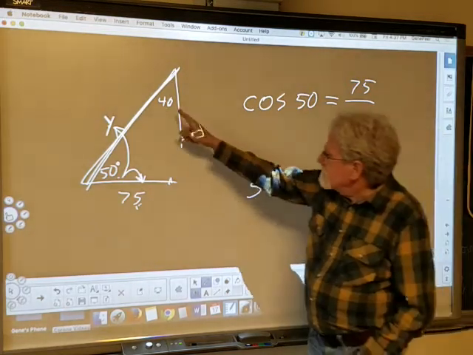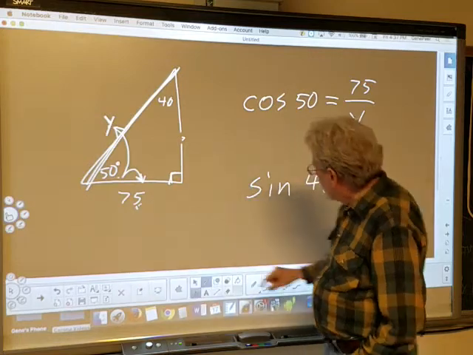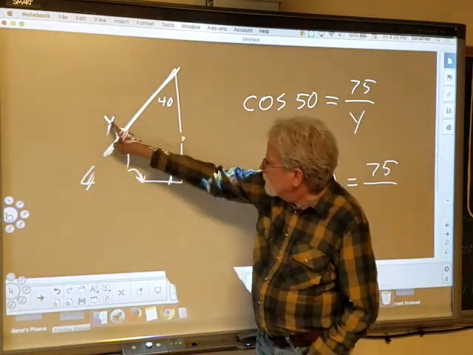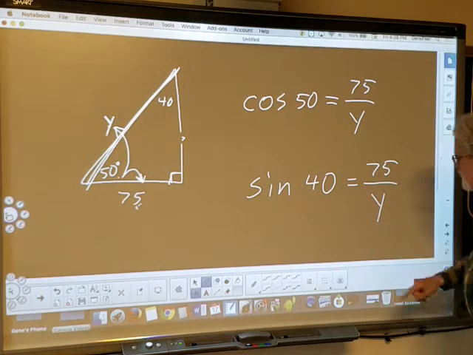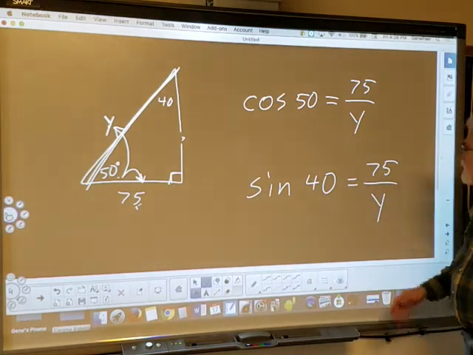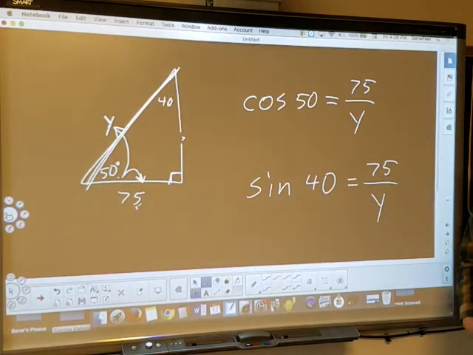Sine of 40, opposite, 75, over hypotenuse, which is, oh no, the variable is still in the denominator. What are we going to do? Nothing. I'm afraid with sine and cosine, switching to the other angle will not change anything.